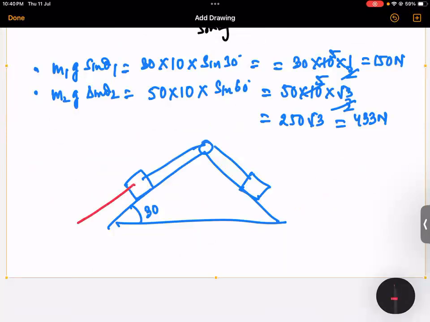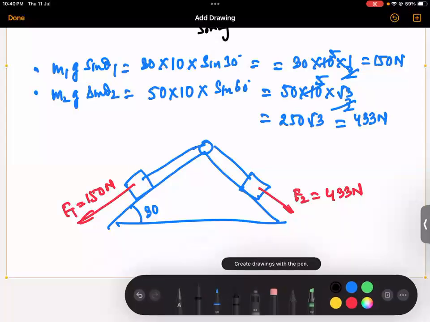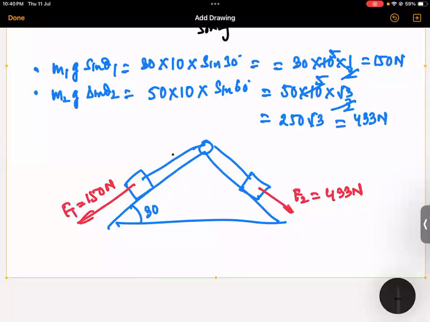This force was 150 Newton, and this force is 433 Newton. So which force is greater? The 433 Newton is greater. So what will happen? The system will accelerate in this direction, right? System will accelerate in this direction.